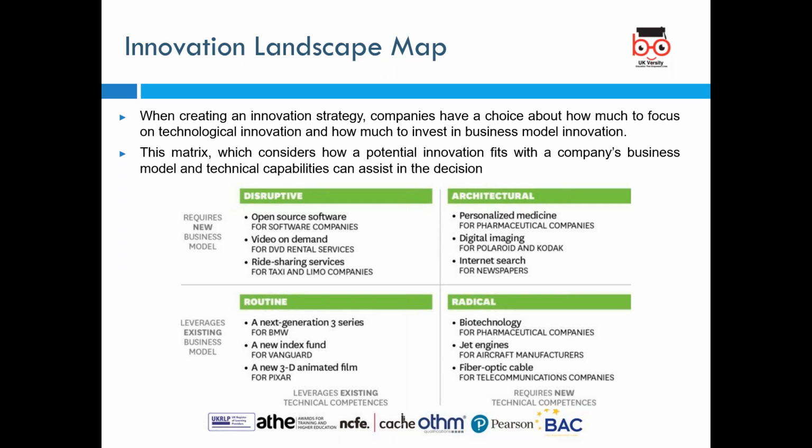For the disruptive, we're going to check if open source software is suitable for the company, then also video on demand and a ride sharing service. When it comes to the architectural, we need to understand if it's going to contain internet search, and the internet search can be done through newspapers, newsletters, blogs, and many other digital platforms.